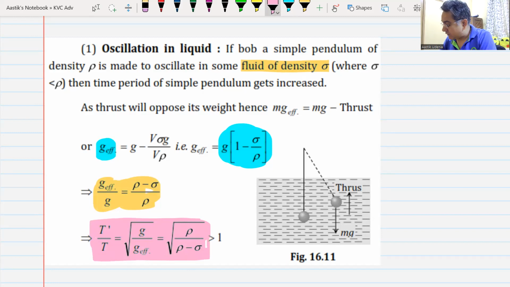Basically, you have to find out the value of effective G. I hope I have not confused you. I've tried to confuse you in many ways, but I'm trying to make you understand all types of questions that can come in a simple pendulum.